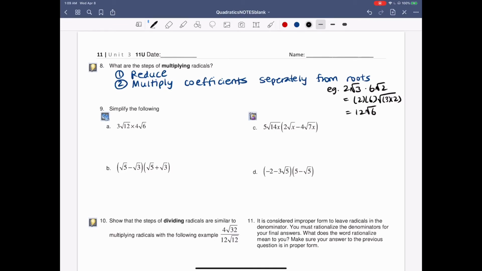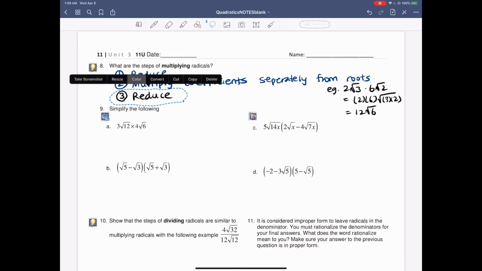Part 3, we're going to reduce. And in terms of step 1, we could skip that step because we have to reduce at the end anyways.